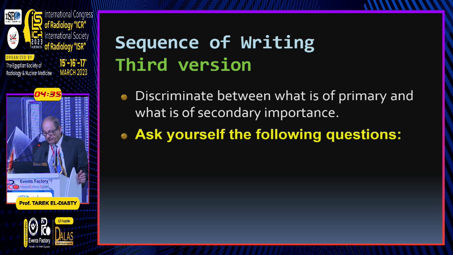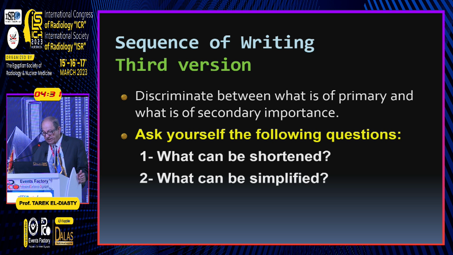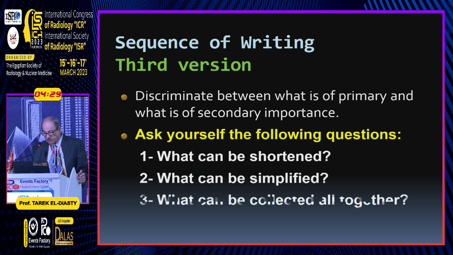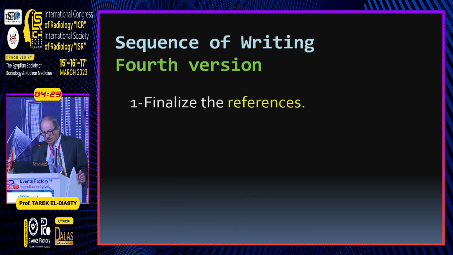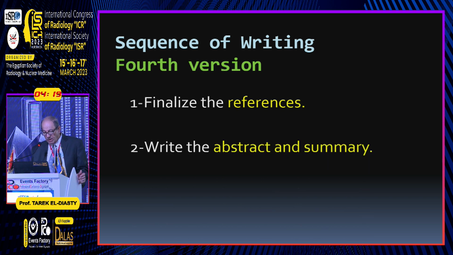Ask yourself the following questions: what can be shortened, what can be simplified, what can be collected all together, and what can be omitted. In the last version, finalize the references, write the abstract and summary, and choose a final title. So the final title is the last sentence in the manuscript.